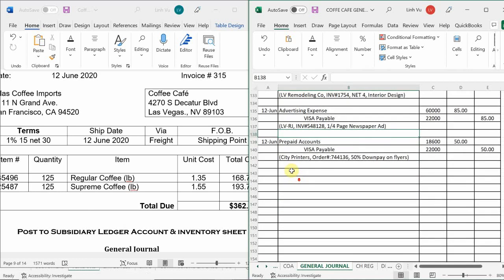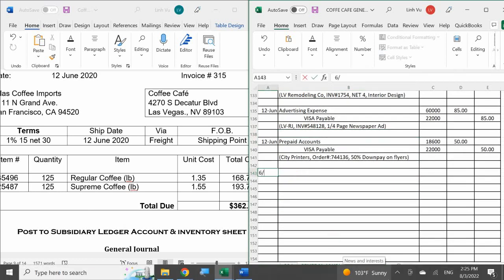How do I recognize this in my journal? Well, it's now inventory, and so it has to go by like we did with the coffee mug thing, that sort of thing, because it's been received.